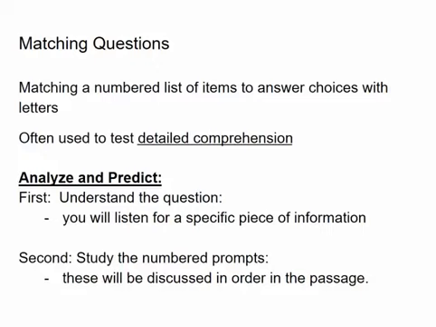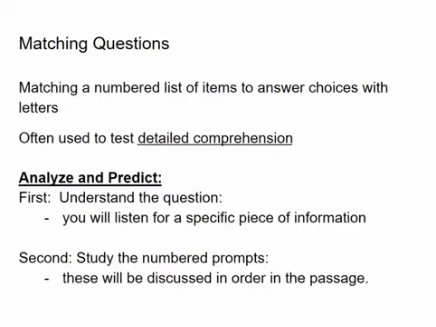Then secondly, you look at the numbered prompts, okay? These will give a list of items, and it's these things that will be answered in order in the passage, okay? So from numbers 1 to whatever you're answering, 1 to 5, 1 to 6, whatever it is, the answers for each of those will be spoken or provided by the speakers in that order in the passage.